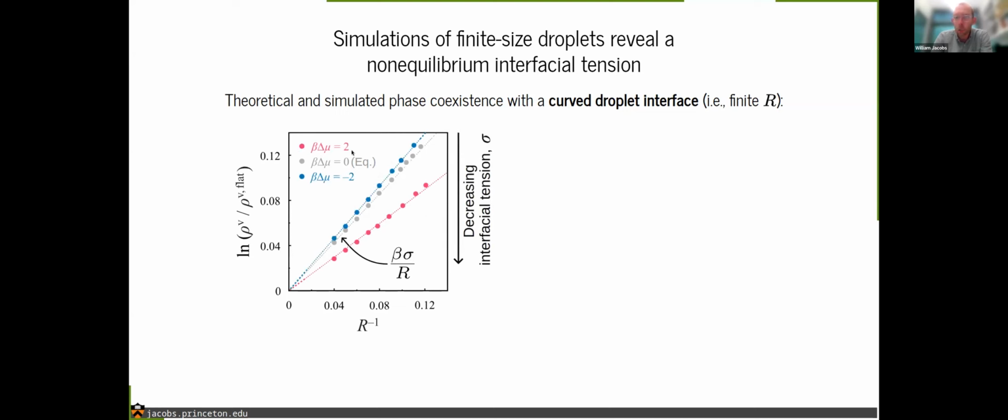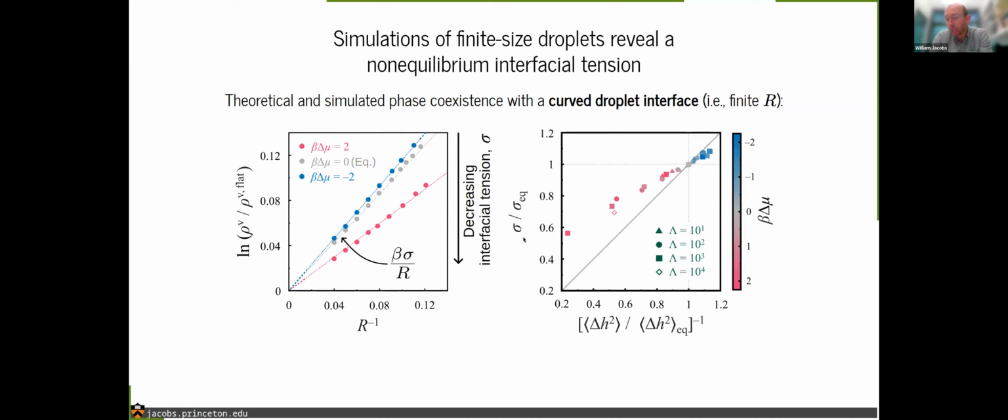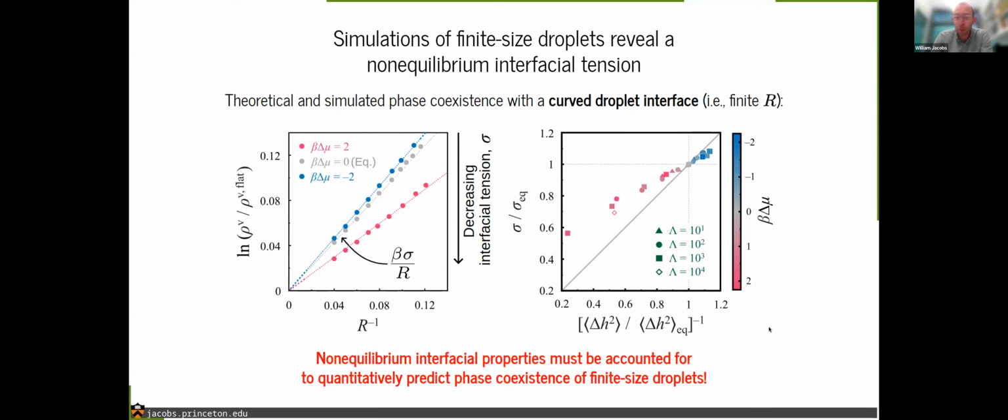And so when you do these simulations for different non-zero values of this chemical drive, you get a different interfacial tension that's required to describe what's happening in the simulations. And these interfacial tensions are related to these capillary fluctuations that we see from those spectral measurements. So it's essential to calculate these interfacial properties in order to predict what happens with finite size droplets.